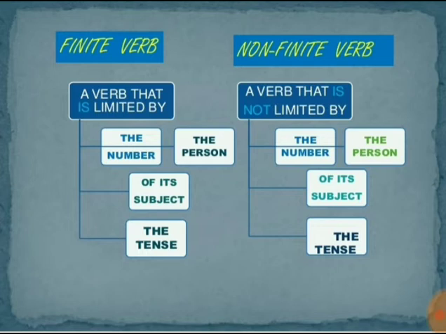Finite verb is a verb that is limited by the number, because it shows tense. Okay dear children, so in various tenses how a verb is used for singular and plural. So singular, plural are what? Numbers. Okay, here when in present simple tense we are making any negative sentence, we use does not.